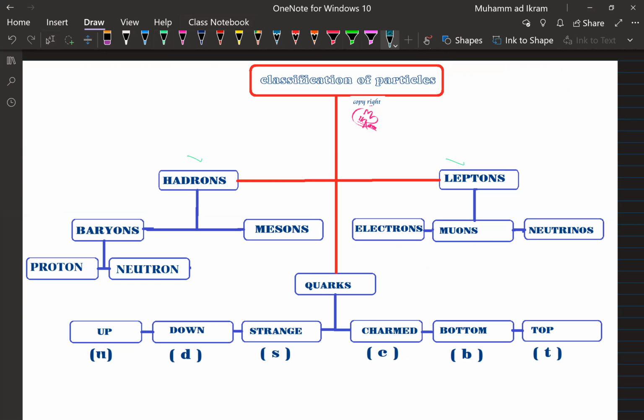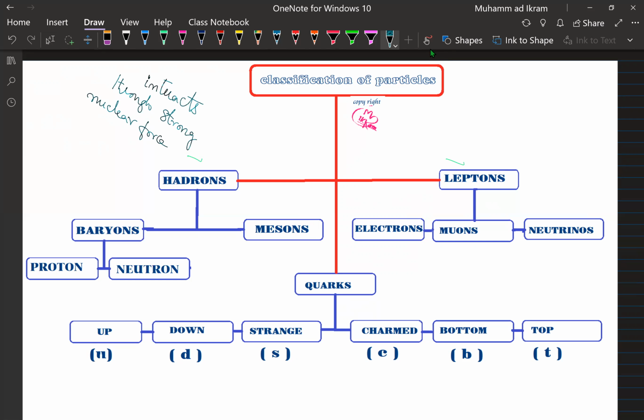In all hadrons, they interact through the strong nuclear force.